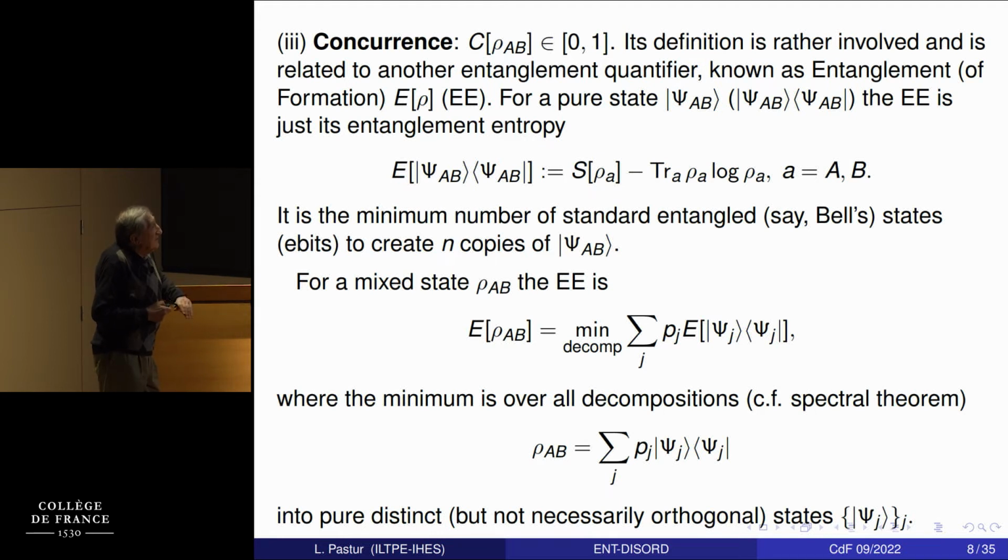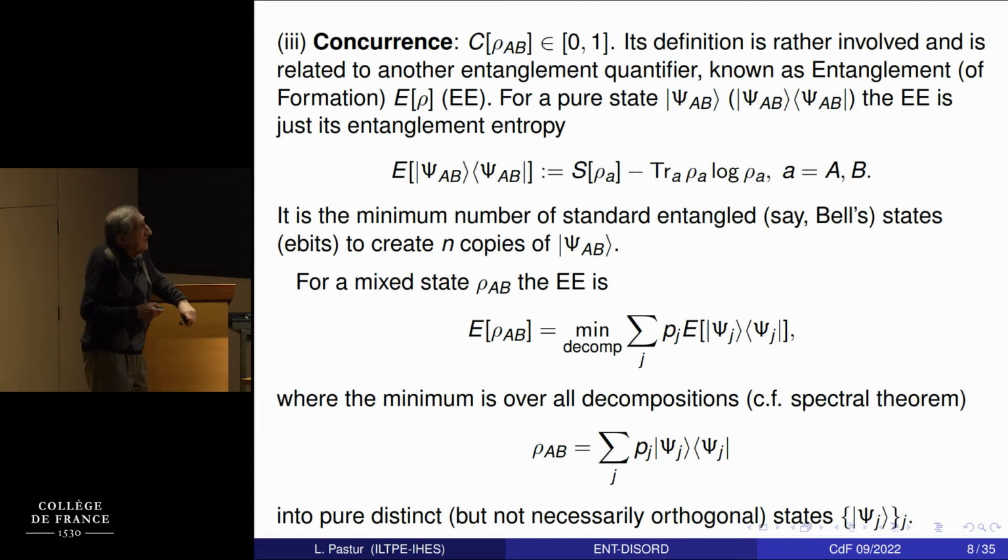Yes, and now there is a quantum information theory interpretation. It is interpreted as the minimum number of Bell states, the elementary entanglement states, which your big system could contain. If you have a mixed state, any density matrix could be written in that way.